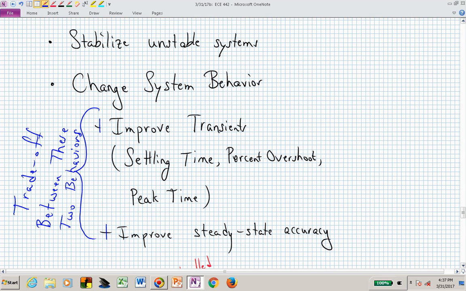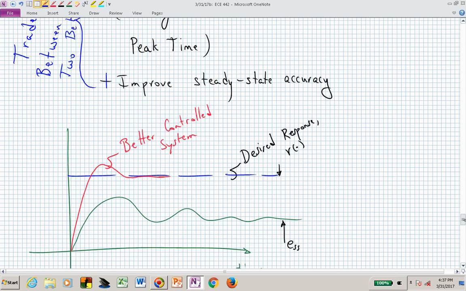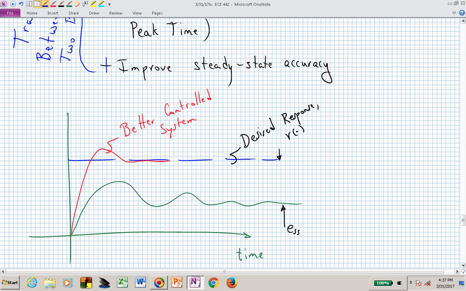We have this trade-off between changing the transients, which are these performance specifications, settling time, percent overshoot, or peak time, and we can improve the steady state accuracy. Sometimes we can't do all of those together, but we have to now trade those particular behaviors with one another. But that's okay. That still allows us to generate acceptable or more acceptable behaving systems.